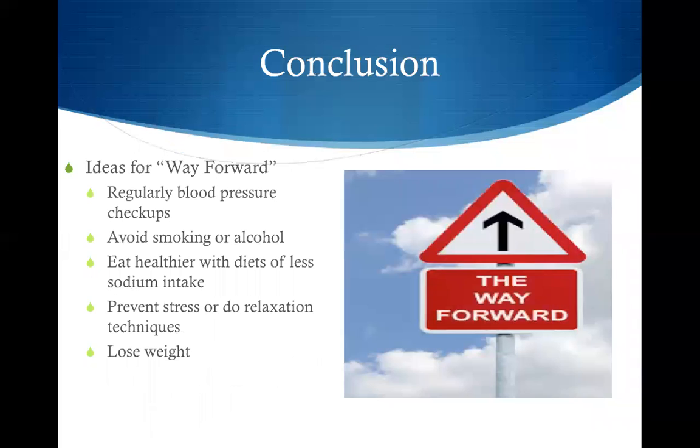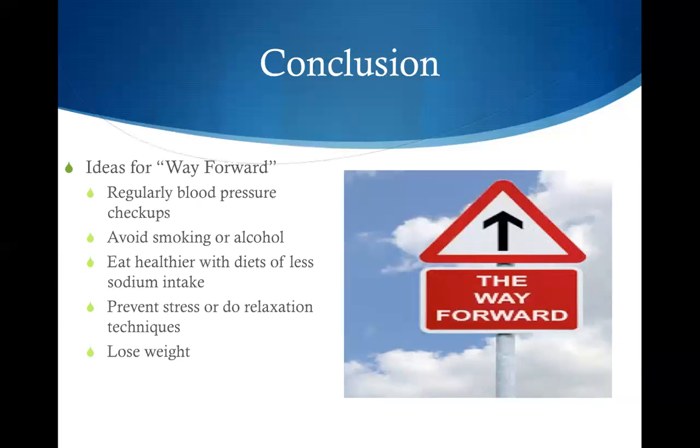Conclusion. These are some positive ways that we could help control blood pressure. We want to regularly check our blood pressure with a blood pressure machine, to monitor that it's not too high, and if it is too high, we might need to go for a checkup.